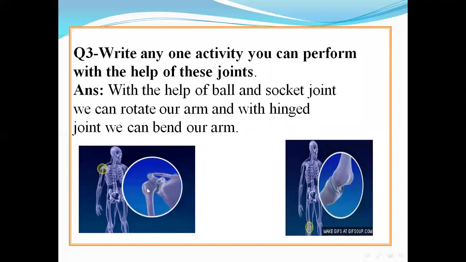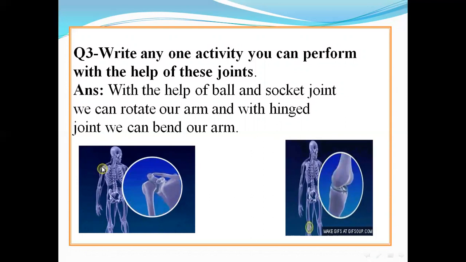And with hinge joint, we can bend our arm. We can rotate our arm with the help of ball and socket joint, and we can bend our arm with the help of hinge joint.